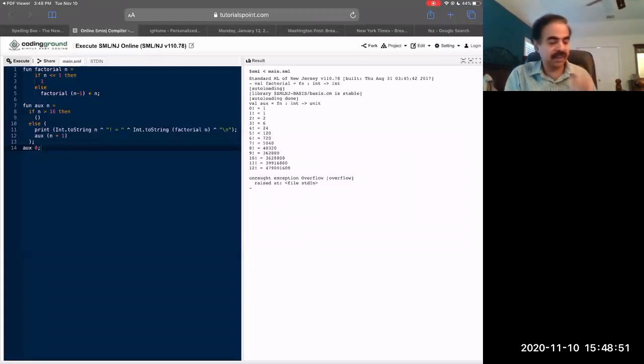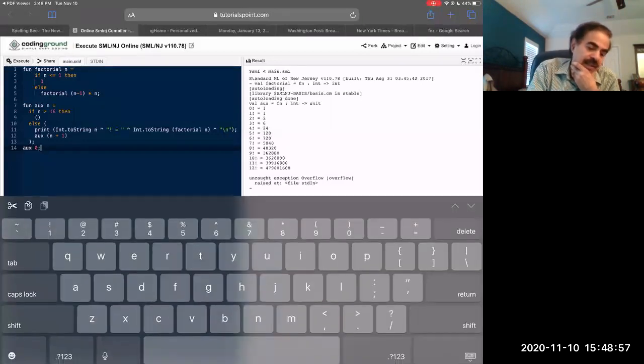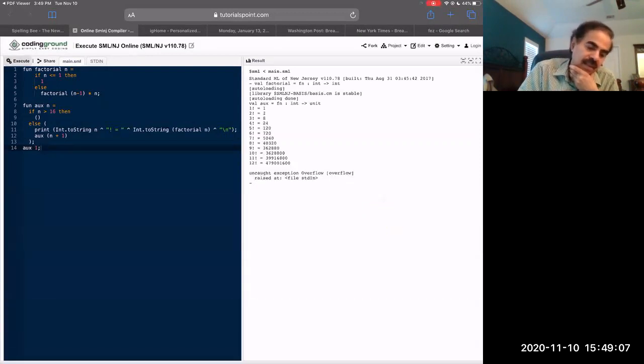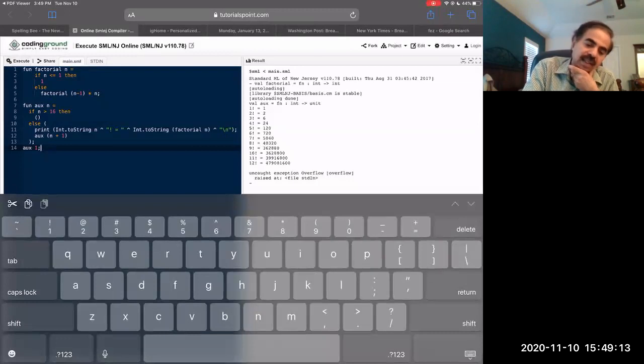All that's important is here is a way of typing in programs, and let's see if I do aux1. Let's see what we get. So we didn't get a different result. But let's say instead we don't call this aux function, we simply call factorial, right?